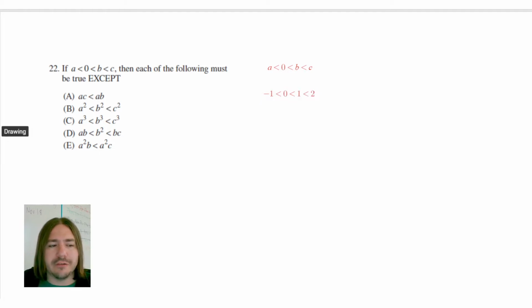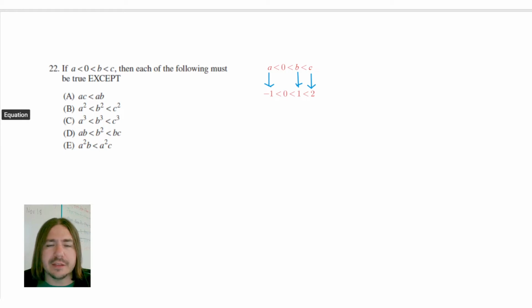Notice how I'm just picking very small, easy to work with numbers so that I can quickly test my answer choices. So just to recap, I'm picking -1 for A, 1 for B, and 2 for C. You can pick different numbers, like -5, 5 and 10, or whatever. As long as this inequality is true, it should work out.